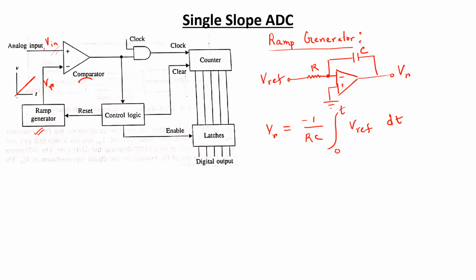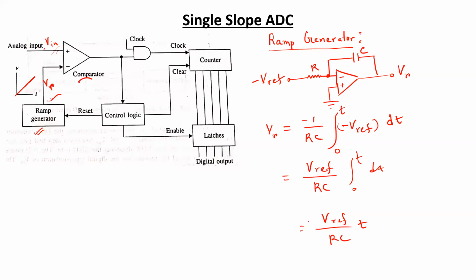So in order to obtain a positive slope, we are going to supply a negative voltage as the reference. If we supply a negative voltage as our reference, this negative term and this negative term are going to nullify each other, and integrating from the limit 0 to t, 0 to t dt, you can easily suggest that you will have this sort of an expression for the output of the ramp generator.